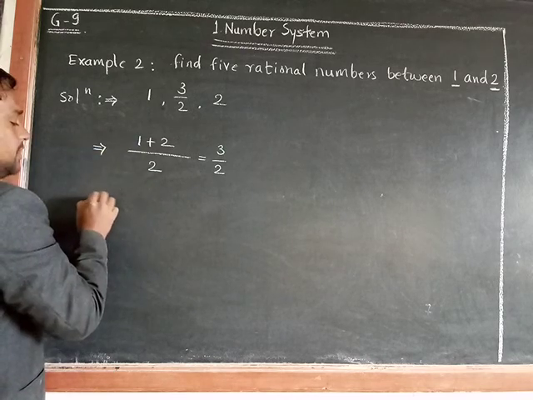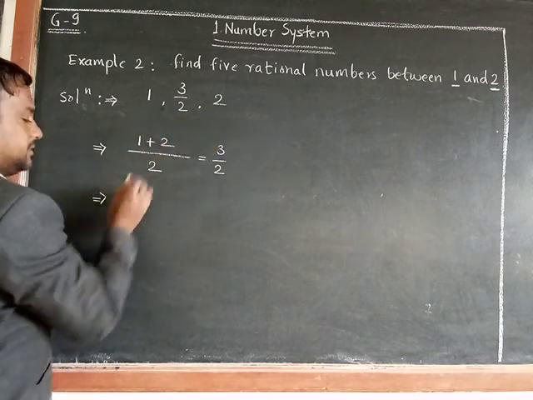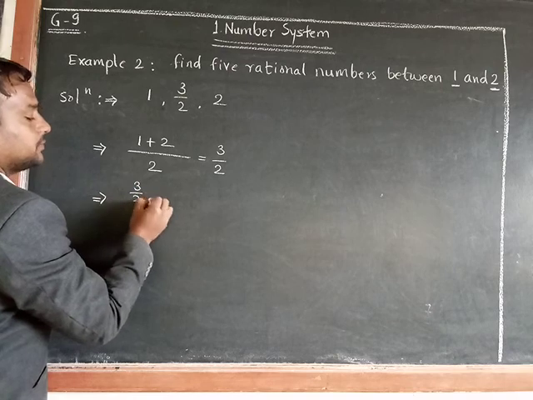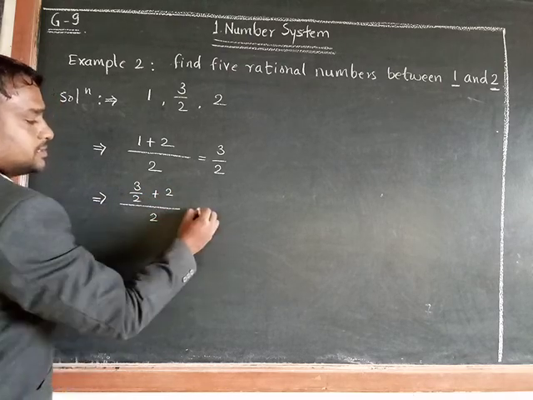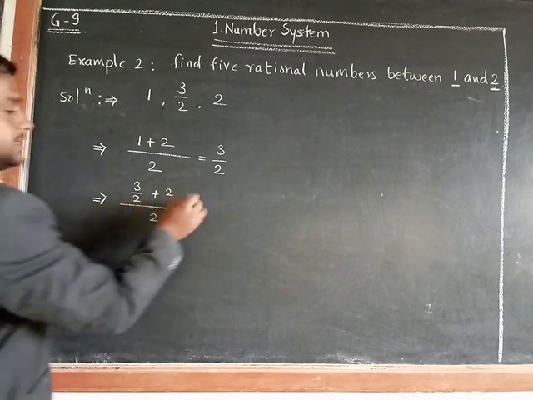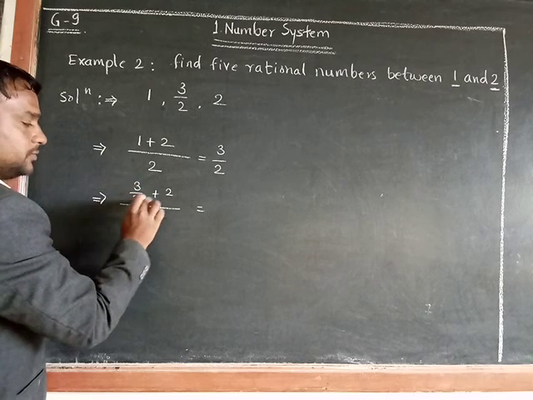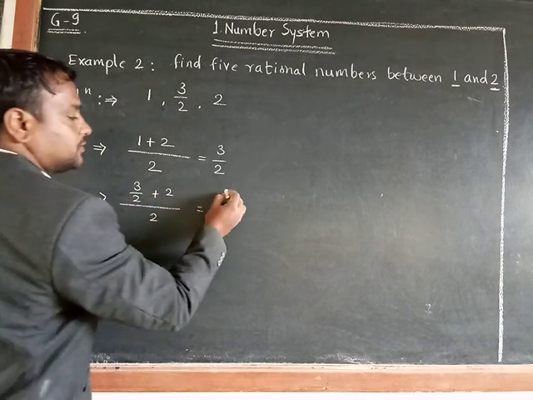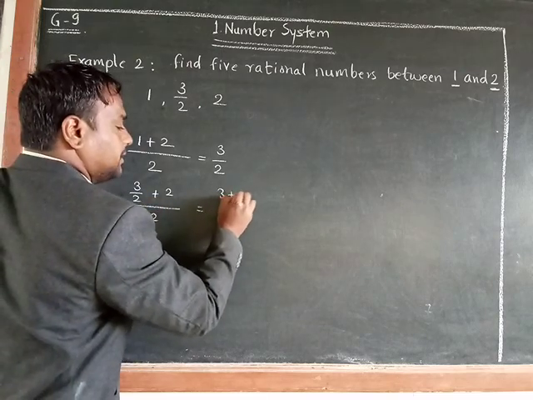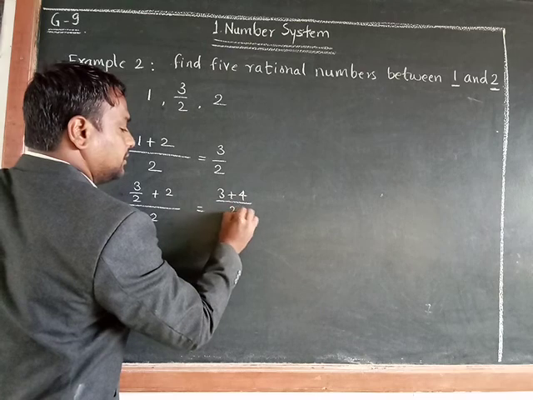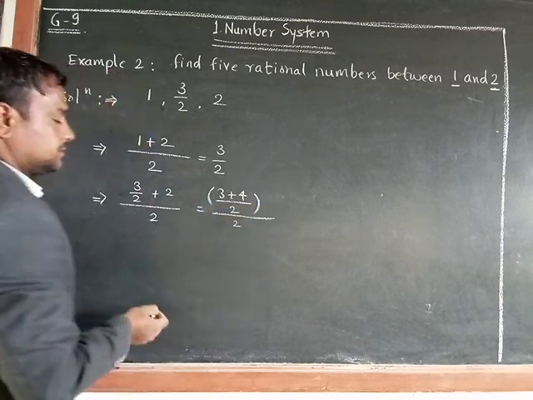So it is the first way. Again we take two numbers, 3 upon 2 and 2. Let's solve: 3 upon 2 plus 2. Doing the cross multiplication, that is 3 plus 4 upon 2, and again the total is divided by 2.